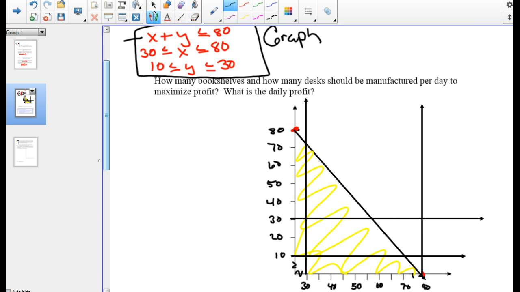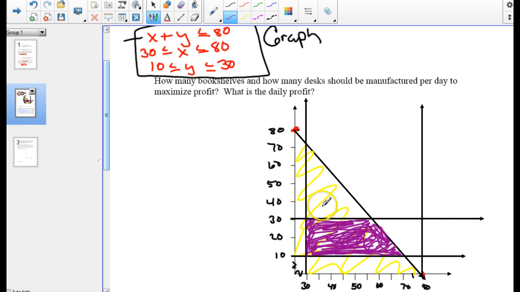So what area am I going to shade for those? Remember, I have to be between the two vertical lines and between the two horizontal lines. So my area right in here, that's below the slanted line, and between all four of those other lines is right here. So I found x between 30 and 80.